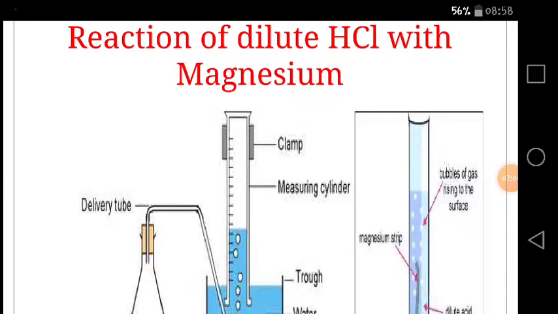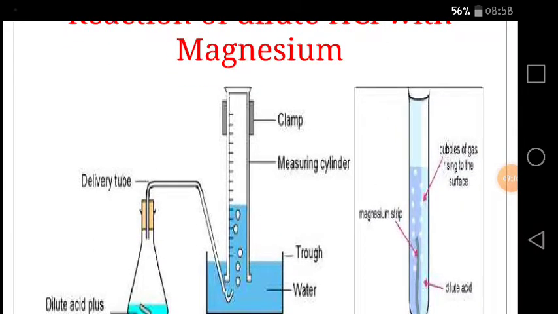During this experiment, we have to observe how speedily the bubbles of gas are coming out, and this will help us understand the reactivity of these metals with the acids.